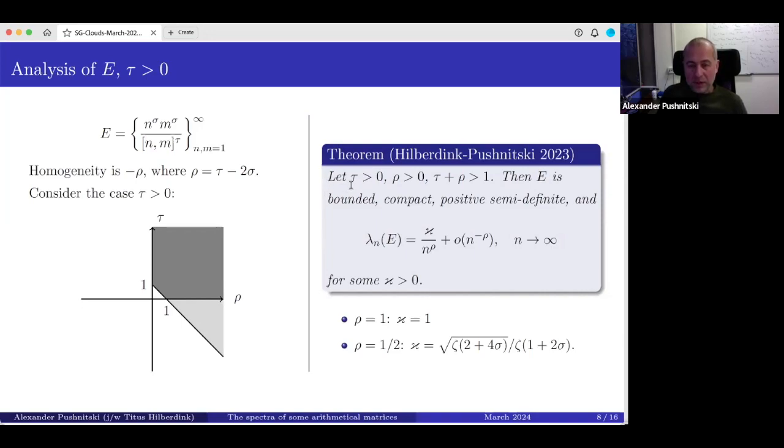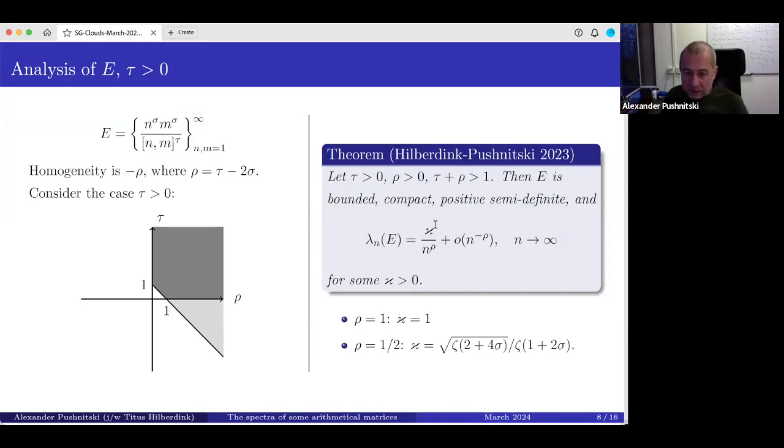Let tau be positive, rho also positive, and tau plus rho greater than 1. These three conditions describe this darker shaded region. Then our matrix is bounded, compact, positive semi-definite, and for the eigenvalues, we have the following asymptotics.